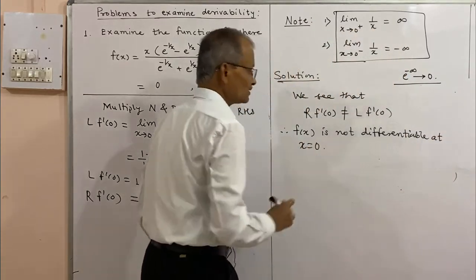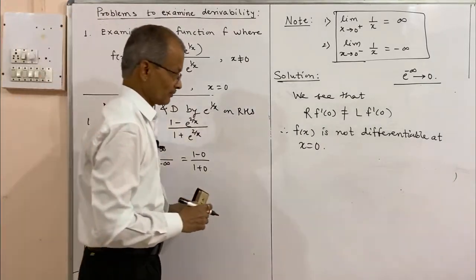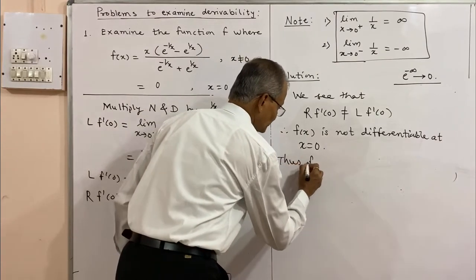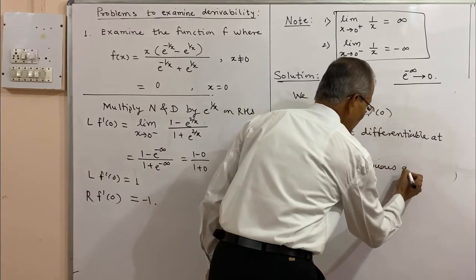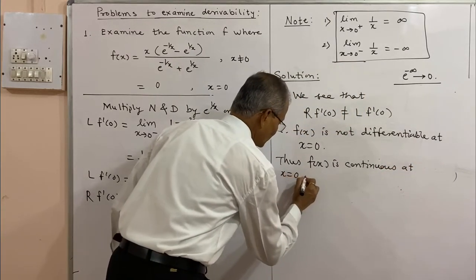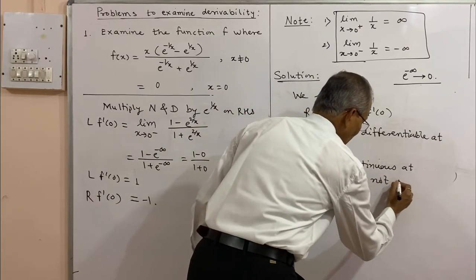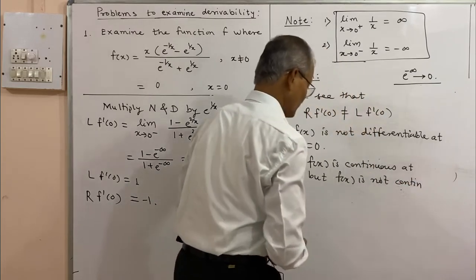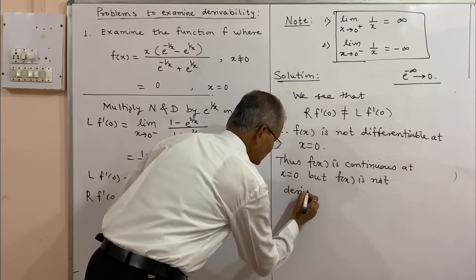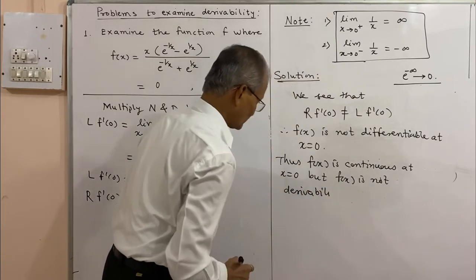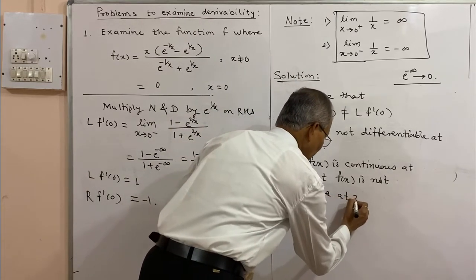So thus the function is continuous at x is equal to 0 but not differentiable at x is equal to 0. So f(x) is continuous at x is equal to 0 from the first part, but f(x) is not differentiable or derivable at x is equal to 0.